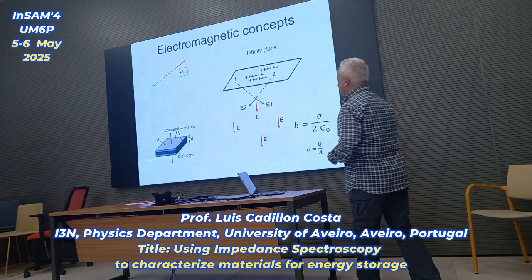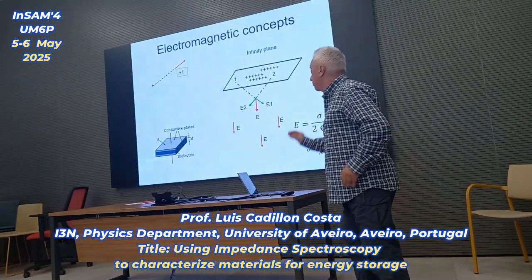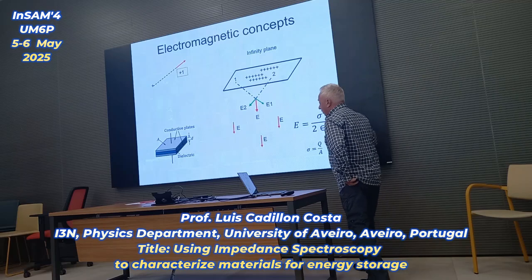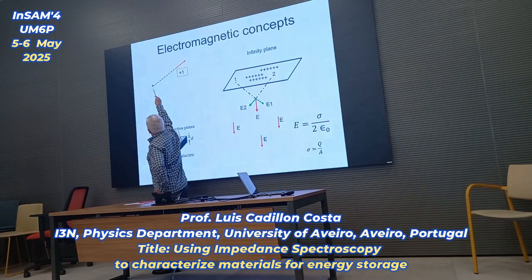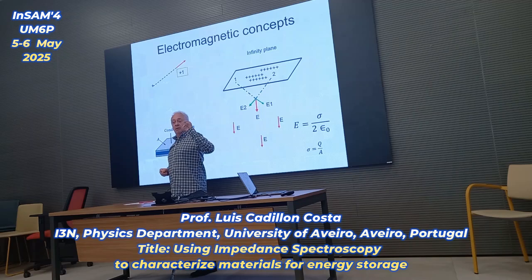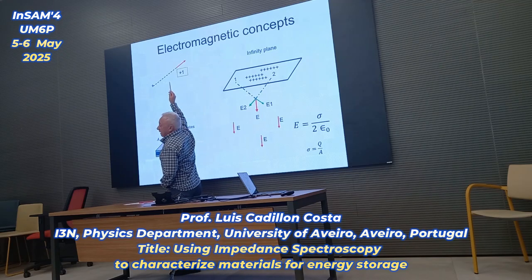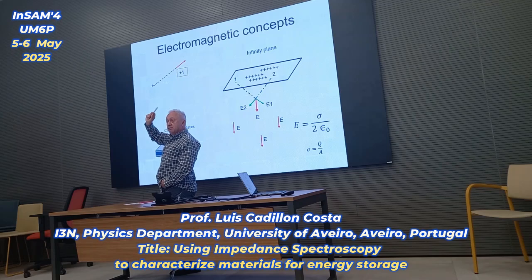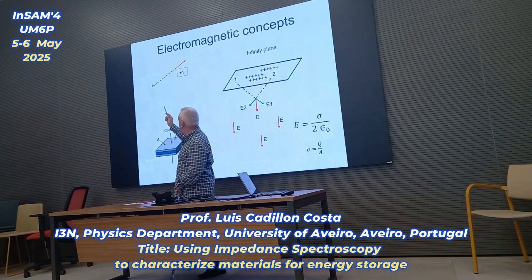Let's start with a very simple concept: the electric field. Here we have a positive charge. If I want to know the electric field there, I must put a positive charge, plus 1, and see what happens to this charge due to this one.